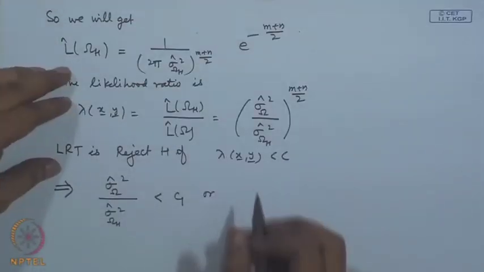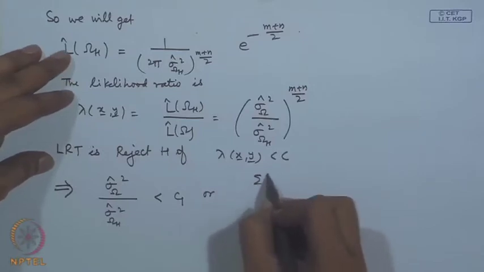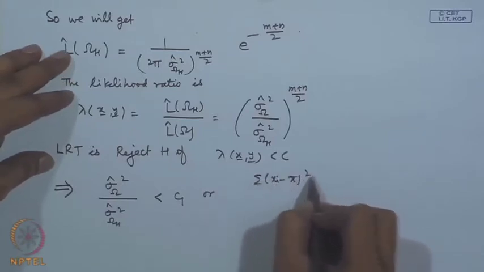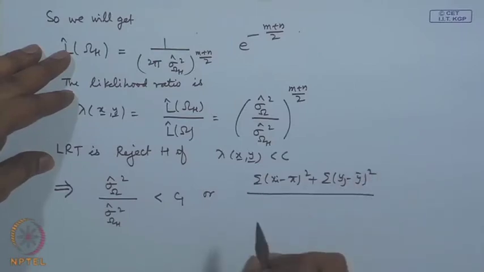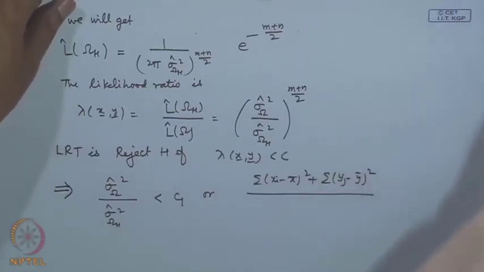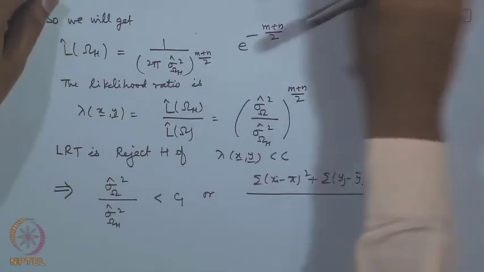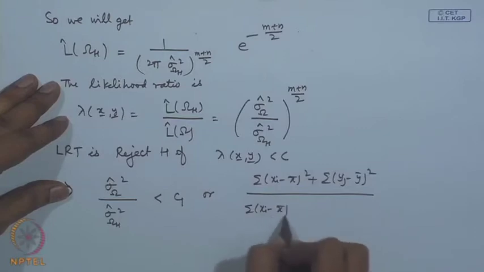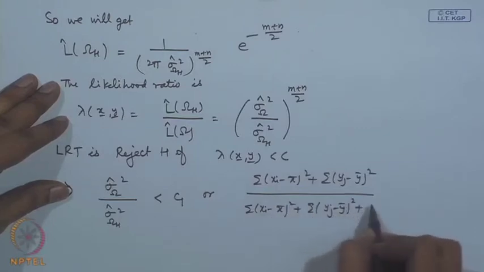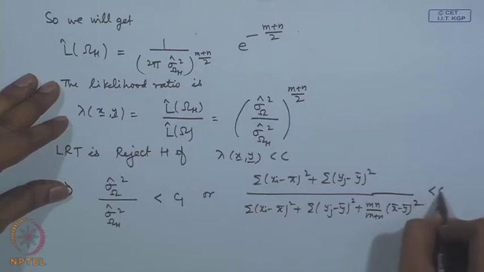So, this term, sigma x i minus x bar square plus sigma y j minus y bar square, divided by sigma omega h head, which we calculated just now, is again equal to sigma x i minus x bar whole square plus sigma y j minus y bar whole square plus m n by m plus n x bar minus y bar square. I am saying it is less than c 1.